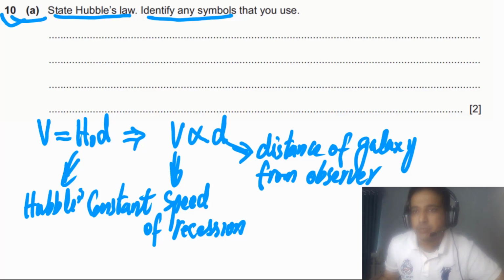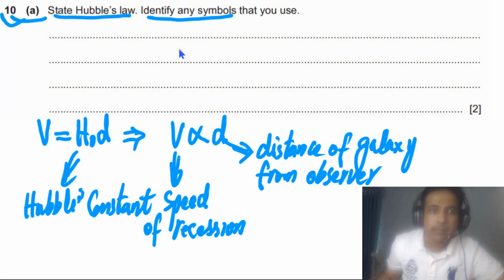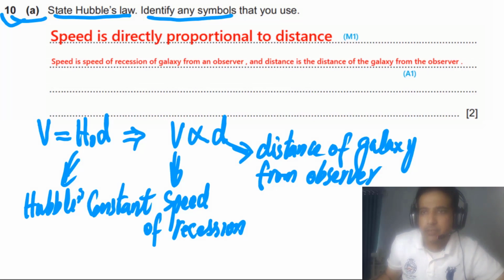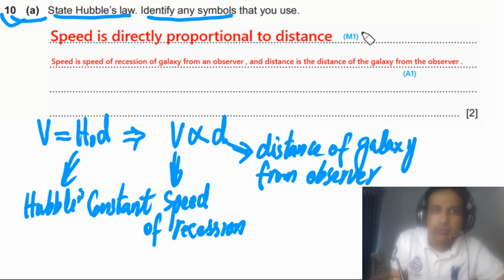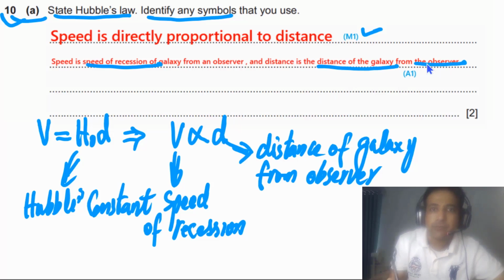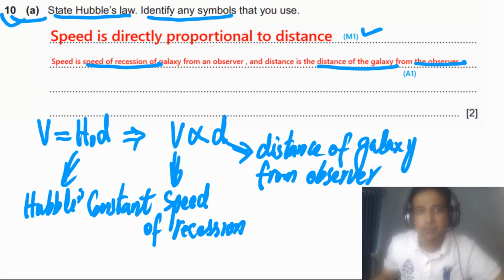For this question, we can simply say that speed is directly proportional to distance. If you write down this one, you will get 1 mark, and this has to be in your answer, otherwise you will not get a mark. And speed is speed of recession, and distance is the distance of galaxy from the observer. If you write down these 2 points, you will get 2 marks.